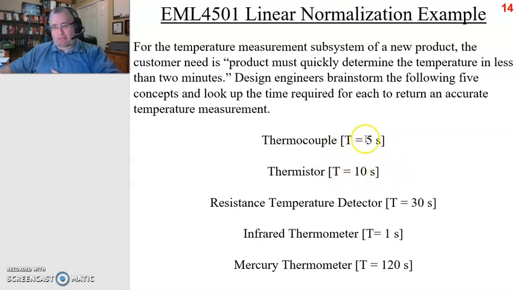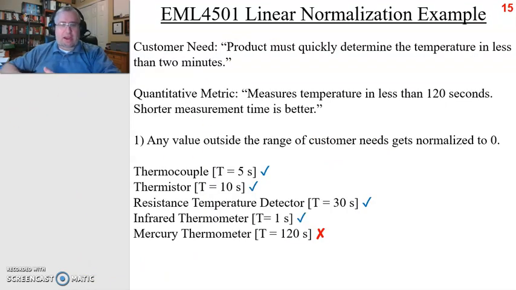So I've got 5 seconds for the thermocouple, 10 for the thermistor, 30 for the RTD, 1 for the IR thermometer, and then 120 seconds for those old style mercury thermometers, where you literally have the thermal expansion of liquid metal, mercury, which is measuring your temperature. So we've got those 5 concepts and the associated values for this particular customer need.